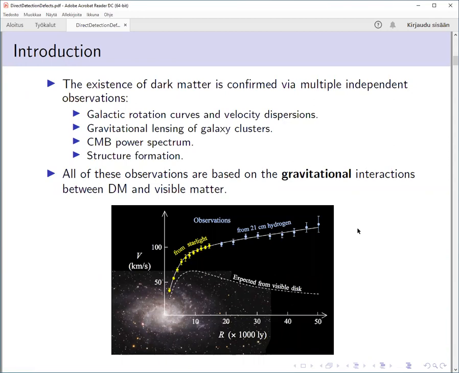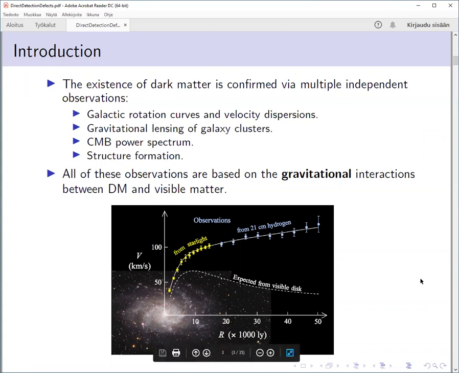Okay, so first, dark matter is a part of our standard model of cosmology, but it's not a part of the standard model of particle physics. So it is so far believed to be some kind of an unknown particle that we need to include into the standard model, or we need to extend the standard model to include the dark matter particle.